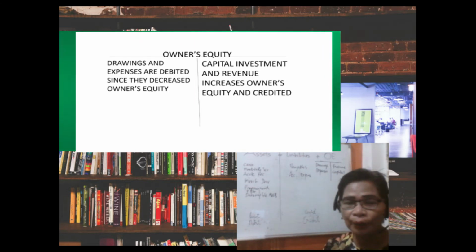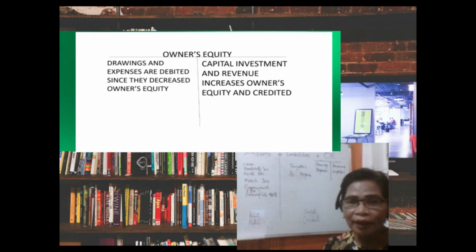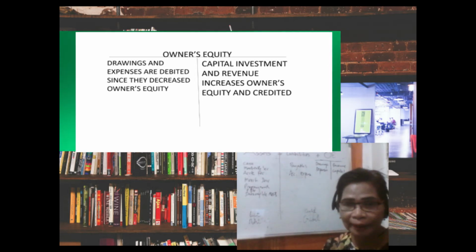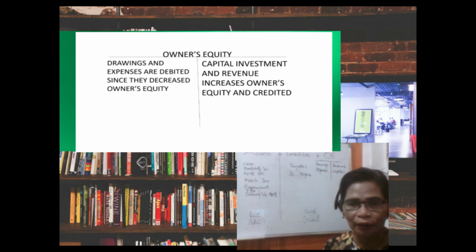But revenue and capital are always credited or placed at the right side. No question about that. If you encounter a drawing or an expense, do not forget about the default setting of owner's equity, because they are always debited. What is true to that default setting is only the revenue and the capital. Now here is a question: are there times that assets, liabilities, and owner's equity are transferred to the other side?